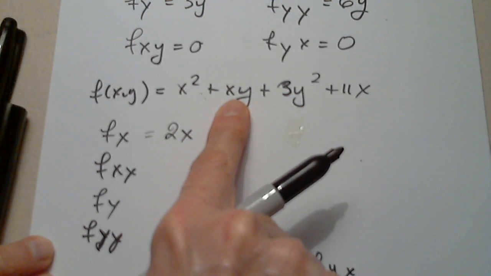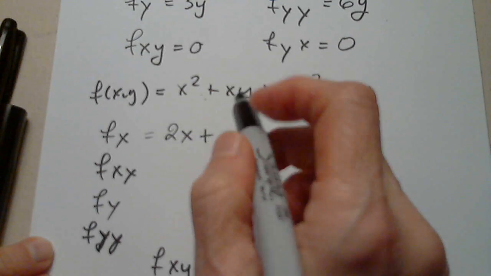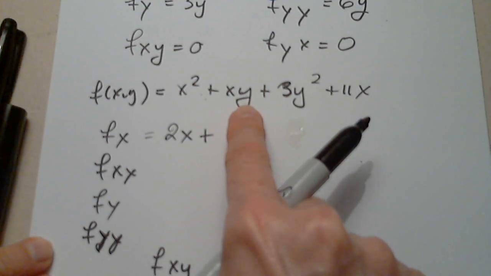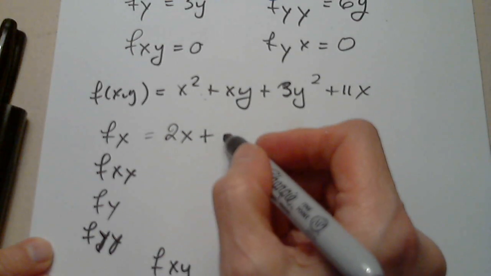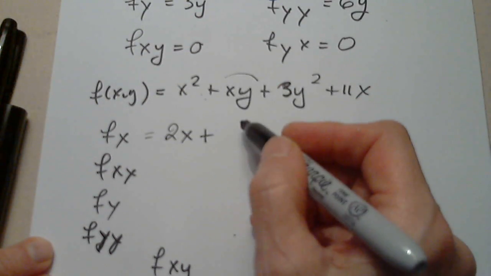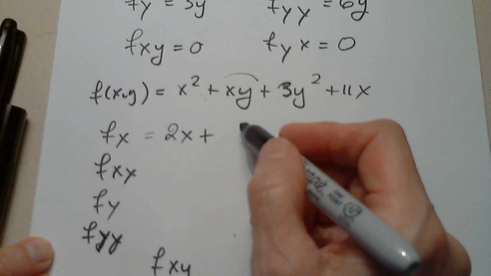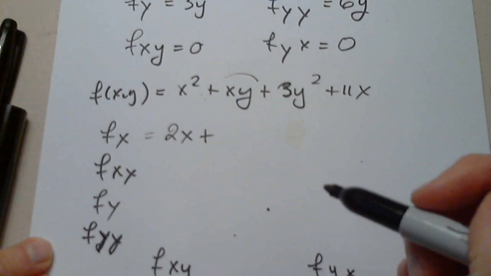When we differentiate this with respect to x, we get... this is a constant times y. When I differentiate this with respect to x, I get... in your mind, you can replace y by 15 and just differentiate.